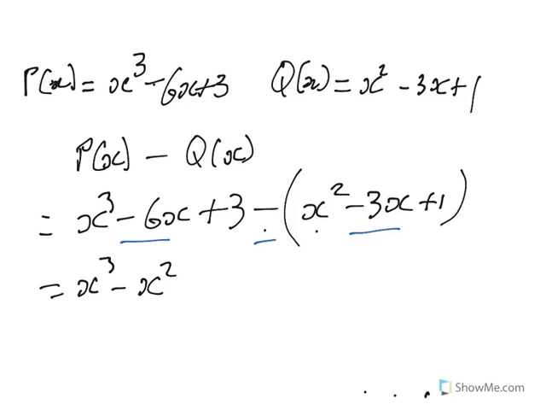So negative and negatives are positive. So minus 6 plus 3 is minus 3x. And then we've finally got 3 minus 1, which is plus 2. And you can multiply them as well. It's just a little bit more work, but just your usual FOIL kind of thing.